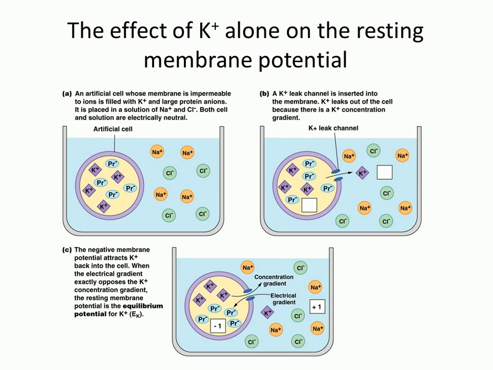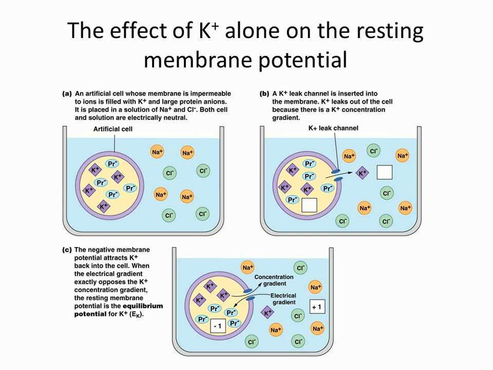All right? But one of the things we learned is that there are channels, and these channels are specific. And if we create a potassium channel in our cell, what's potassium going to want to do? It's going to go out. Why? What type of gradient? Chemical. Right. Because if you look at this, everything's nice and balanced electrically. So potassium is going to go out because it's moving down its concentration gradient.